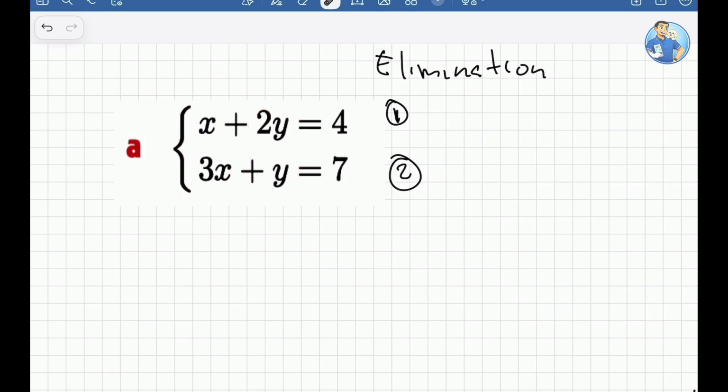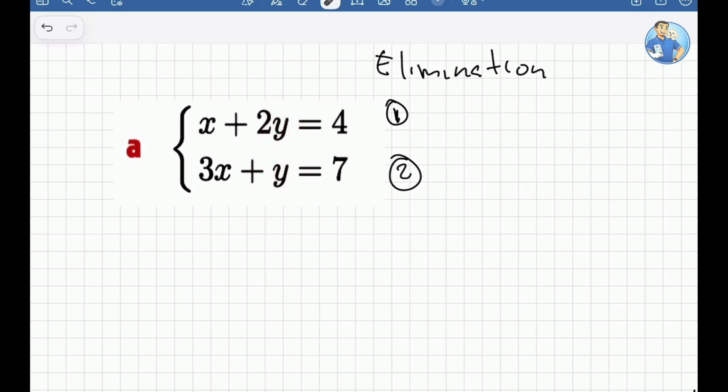For example, if I multiply this equation 1 times a negative 3, we can have minus 3x and then 3x. So we can neutralize this one. Or if you prefer, what about if we multiply the second equation times negative 2, to have minus 2y, then plus 2y, so we can cancel out the y.